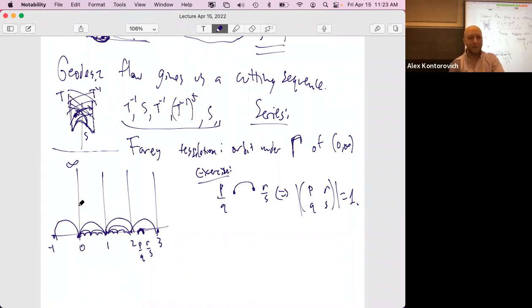So what Series observed is that if you have a geodesic that crosses, let's say, the vertical line, so you have a geodesic that does this. Here's my geodesic trajectory. I start from the imaginary line going in this direction. And every time I pass through an ideal triangle, all of these are ideal triangles, this region being tiled is a hyperbolic triangle with all vertices at infinity.